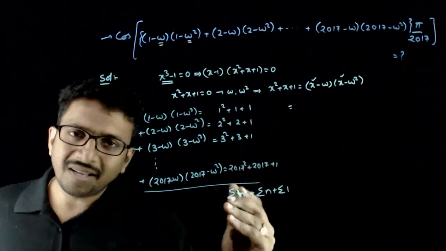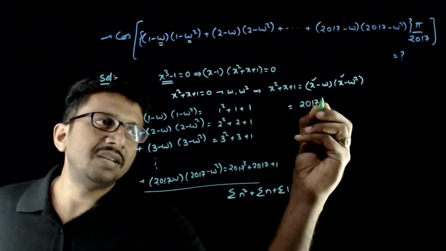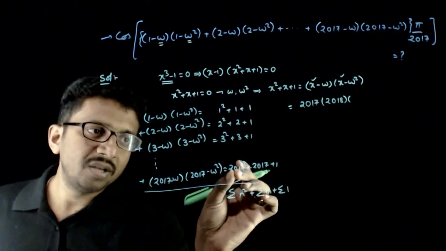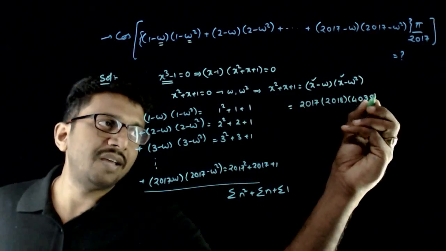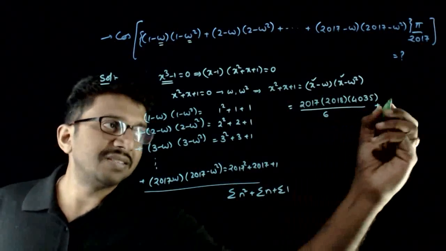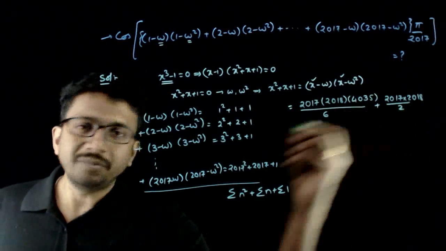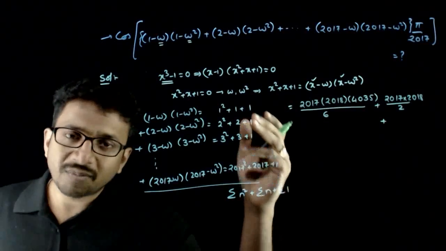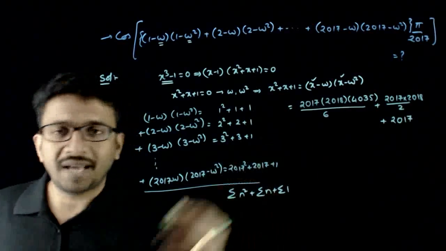So with n going from 1 to 2017, this will be 2017 into 2018 into 2n plus 1, that is 4034 plus 1 is 4035, by 6, plus sigma n, which is 2017 into 2018 by 2, plus sigma 1, that is 1 plus 1 plus 1 and so on, 2017 times. If you add 1 2017 times, you get 2017 as the answer.